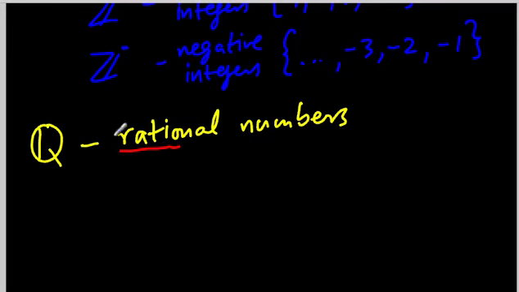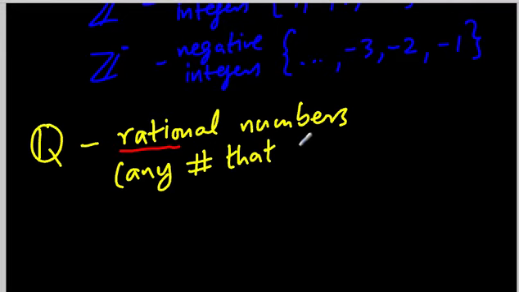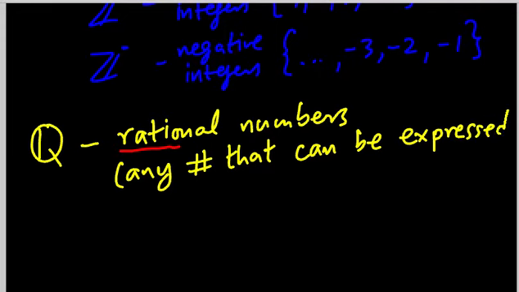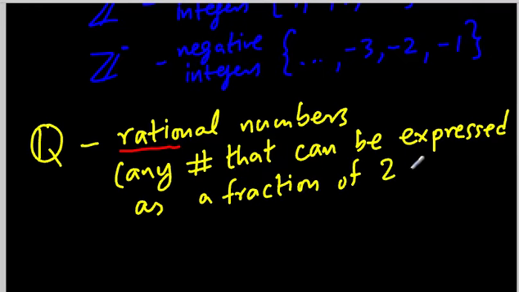Rational numbers are any number that can be expressed as a fraction of 2 integers.